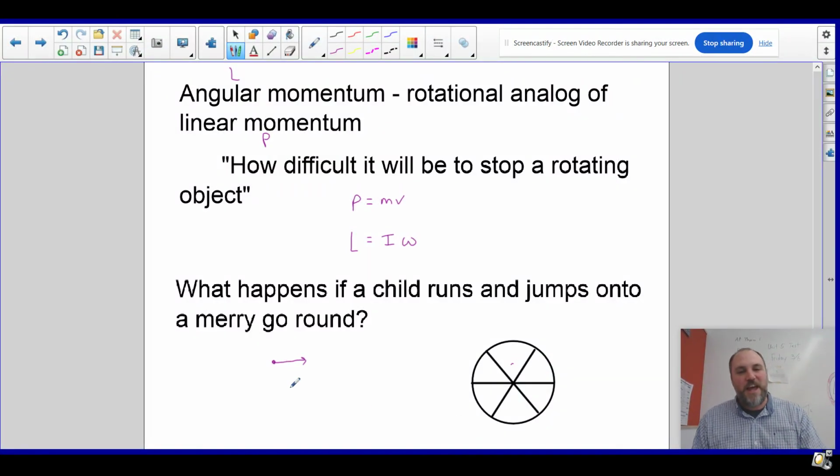So that would suggest that even this translating object, a child of mass m whose momentum is in this direction, somehow had angular momentum. And somehow, if they were running towards the merry-go-round right towards the center axis, when they land anywhere along this line, then no angular momentum is imparted onto the merry-go-round and it doesn't spin.